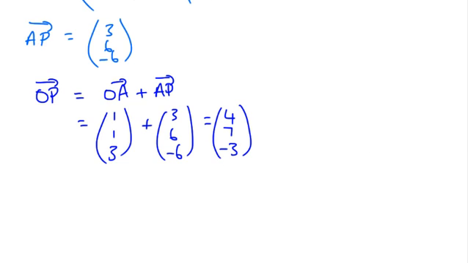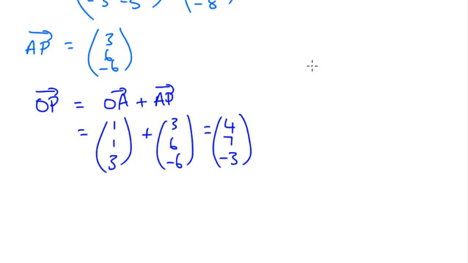So P's coordinate we can write down is 4, 7, minus 3.